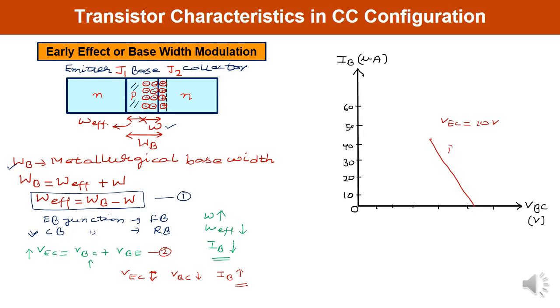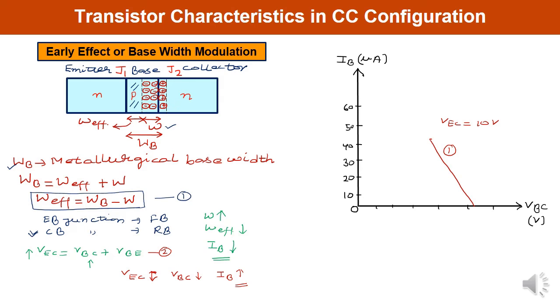When VEC is 10 volt, what is the value of VBC? This will be VEC minus VBE accordingly. Now, if you increase the value of VEC, as I have explained, VBC will increase and IB will decrease. So upon increasing the value of VEC, IB will decrease.